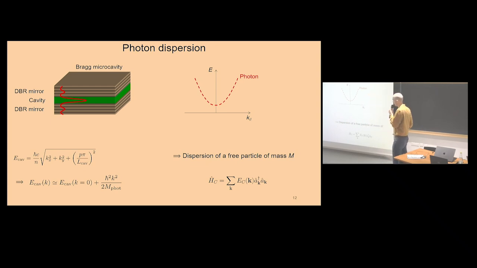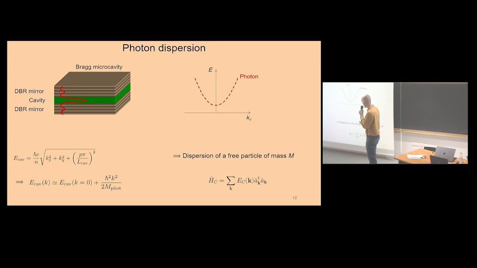As we saw in the first lecture, we can write the energy of the photon in the cavity as such. It's h bar c over n times k as usual, but here the k_z component of the wave vector is quantized due to the confinement condition in the cavity.